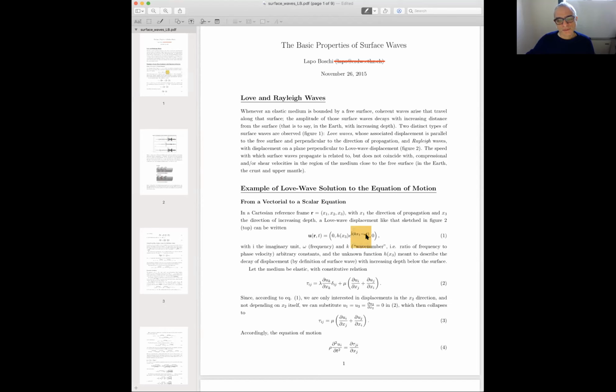See here the typical argument with space and time in such a relation to one another, so that we make sure that this is a wave.